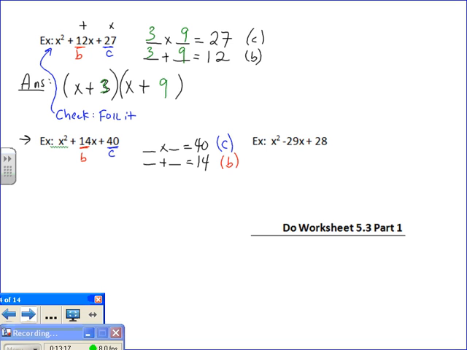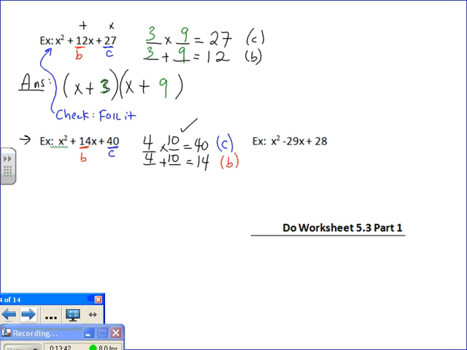So we go through the factors. Well, let's see, 1 times 40 gives me 40, but 1 plus 40 gives me 41. I could try 2 times 20, but 2 plus 20 is going to give me 22. 3 does not go into 40, but 4 does. 4 times 10 gives me 40, and 4 plus 10 gives me 14.